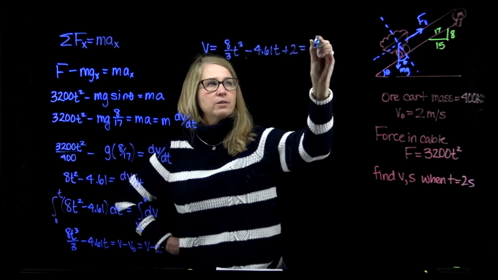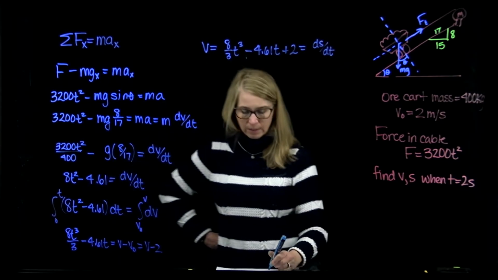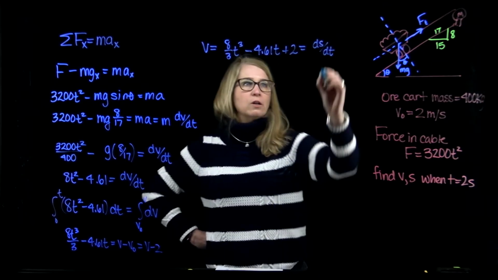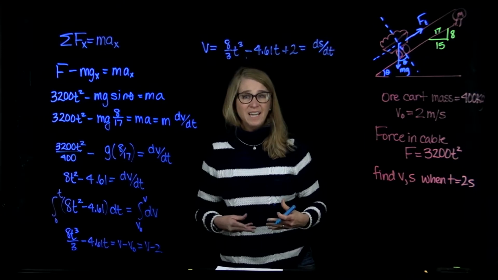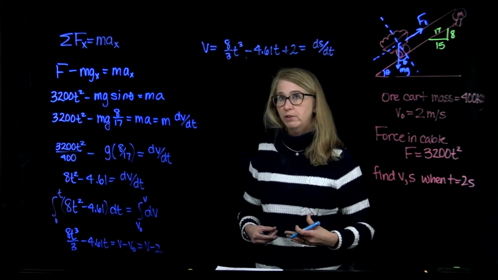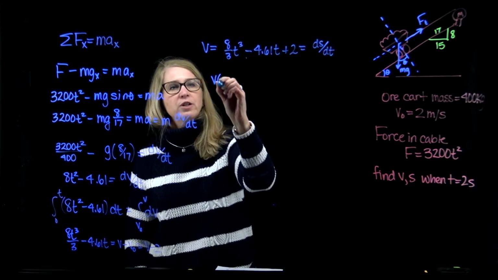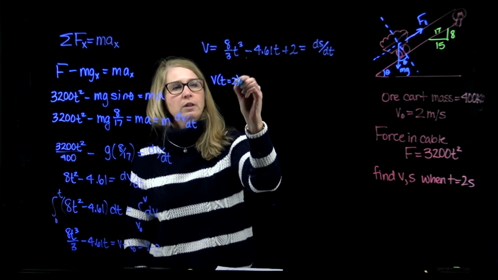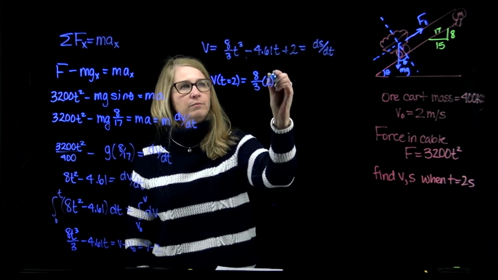And keep in mind that this is ds/dt, which we're going to use for our next step, where we are going to integrate again to figure out an expression for s as a function of t. However, we can use this expression and let t equals 2 to find out what that velocity is.